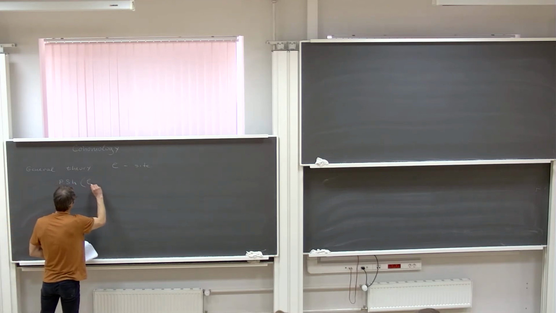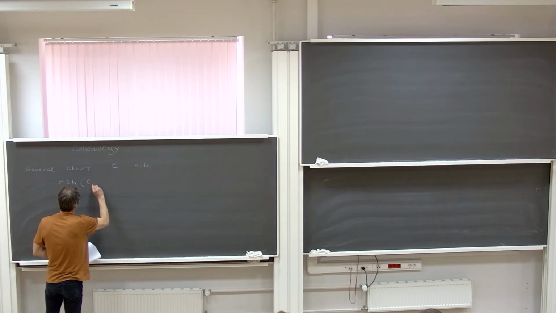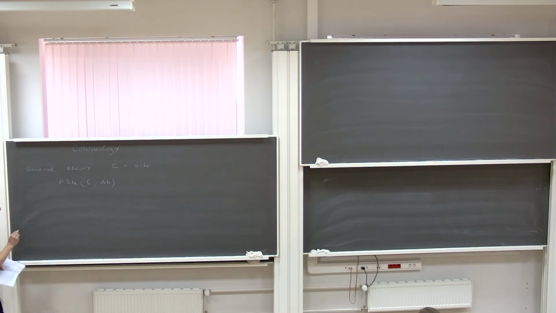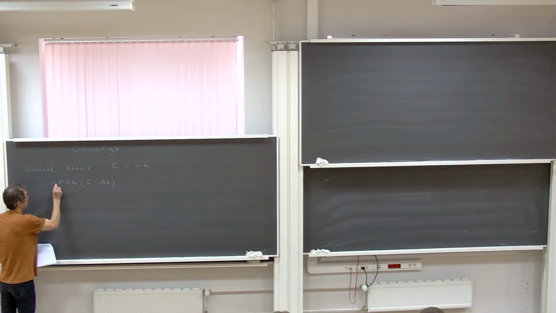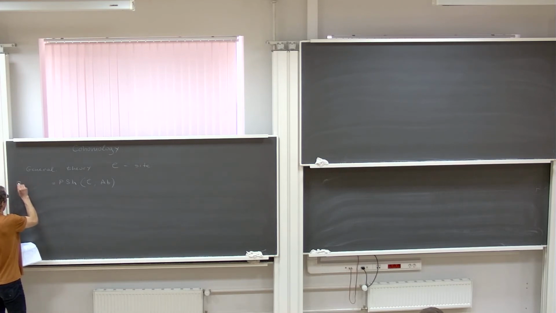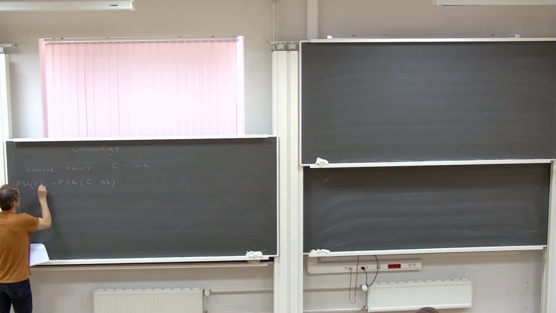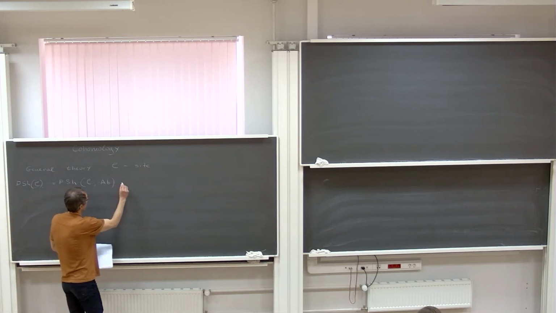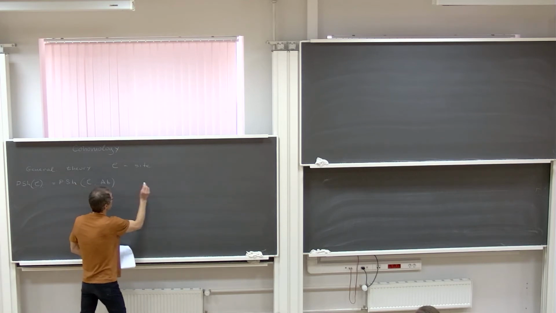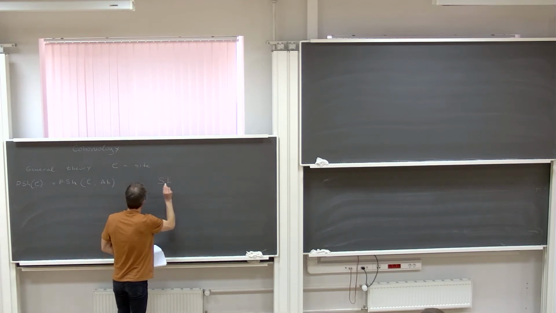And this time we'll talk about, for example, presheaves of abelian groups. And I will shortcut this notation. This will be just P(C). It has a subcategory, sheaves.